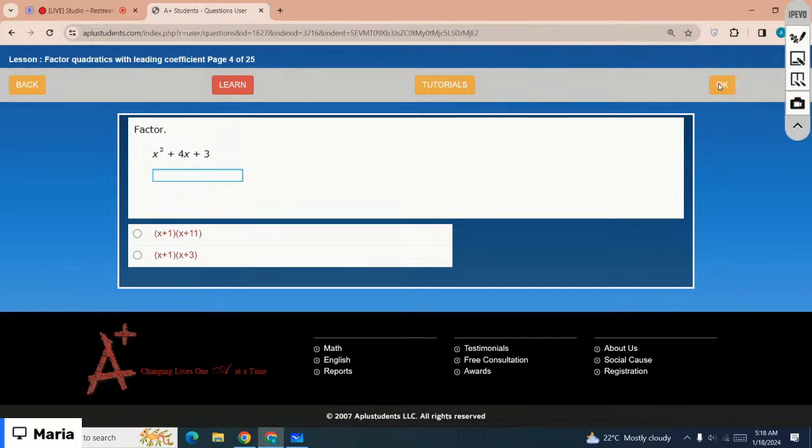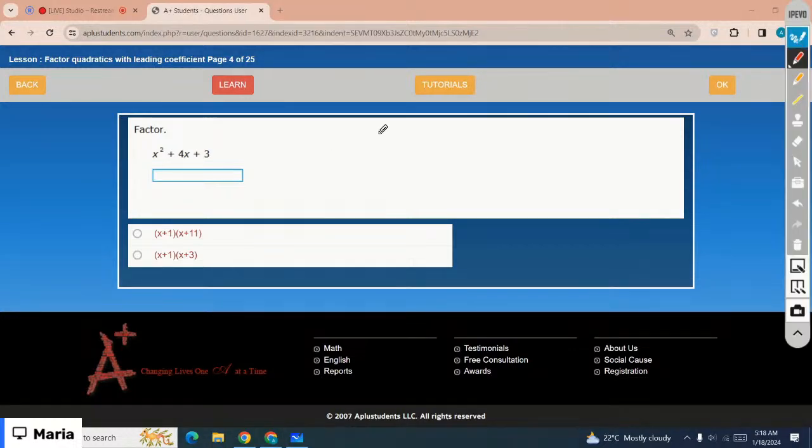So, what are the factors for x square plus 4x plus 3? Okay, let's just make the factors of x square plus 4x plus 3, right? So, you need to find, this is b equals 4, and this is c equals 3. You need to find two numbers.